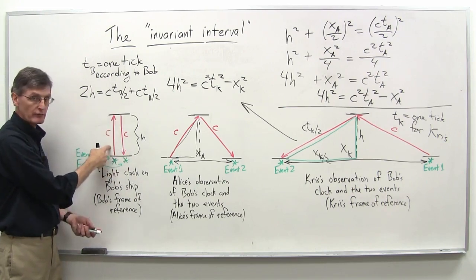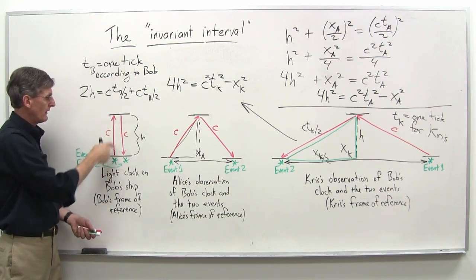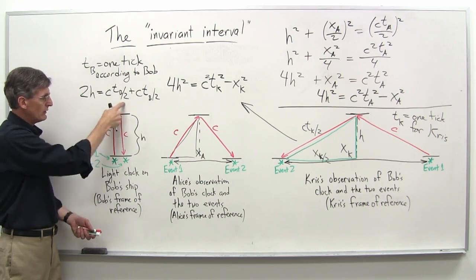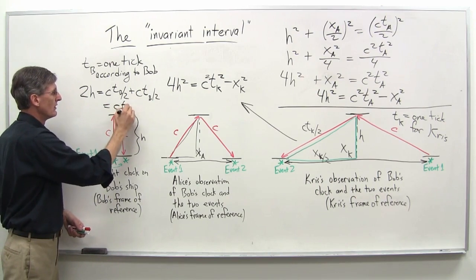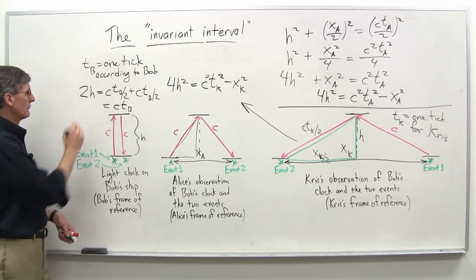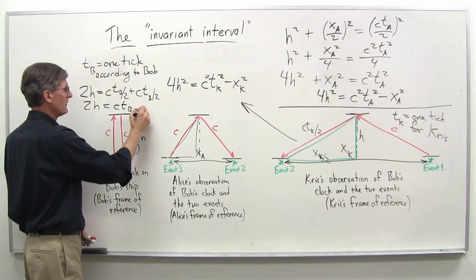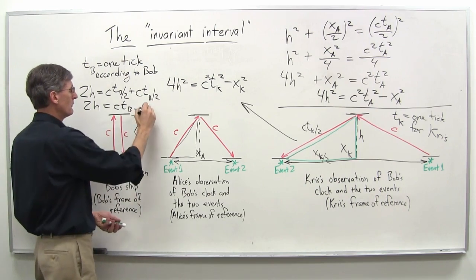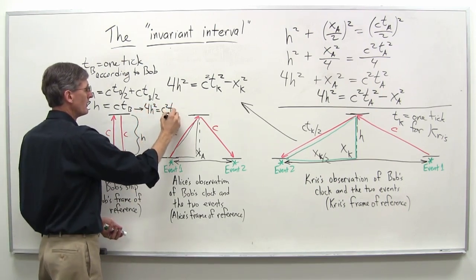And thinking about the speed of light, it's going velocity c up, velocity c down, and half a tick is tb over 2, because 1 full tick is tb. So c tb over 2 plus c tb over 2 just equals c tb. So we've got 2h equals c tb. If we square each side, which we can do, everything is positive here, we get 4h squared equals c squared tb squared for Bob.